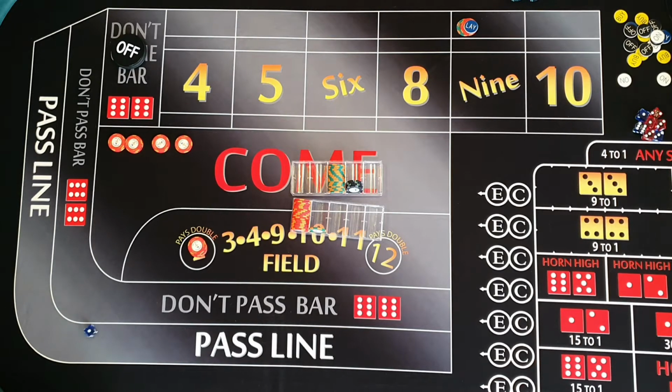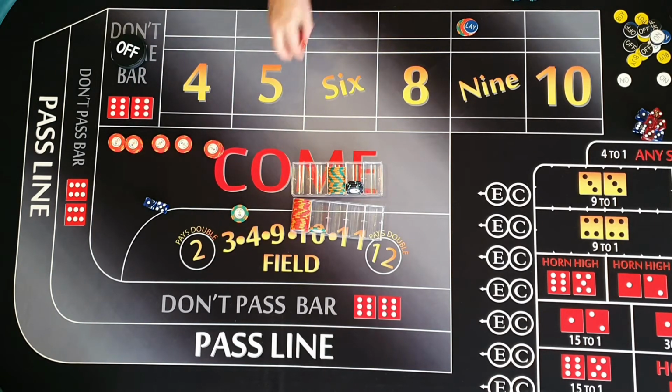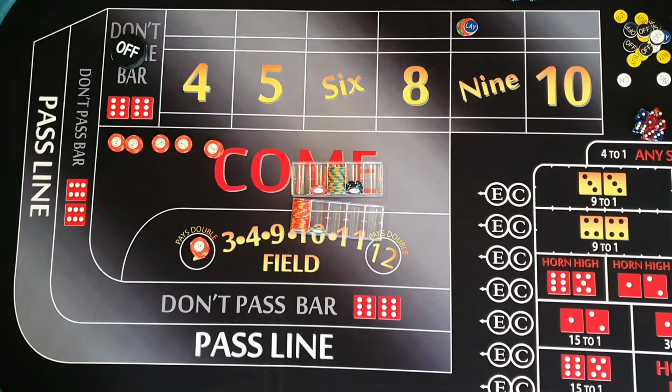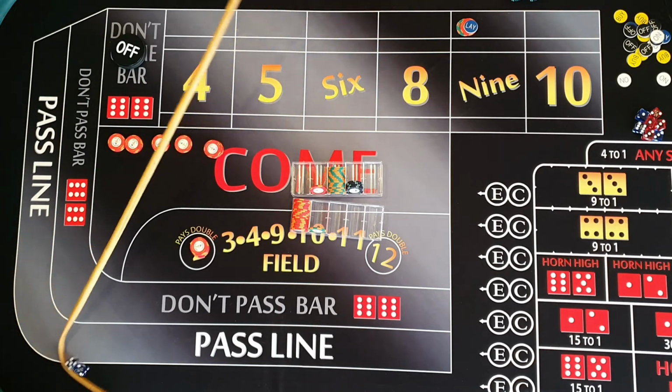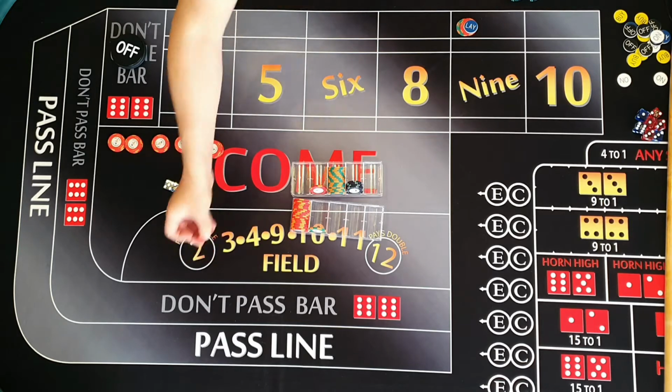Let's see what happens. We've got a 6, no cigar. So need to do it again. And a 7. So we've finally actually got to see this. We lose this.